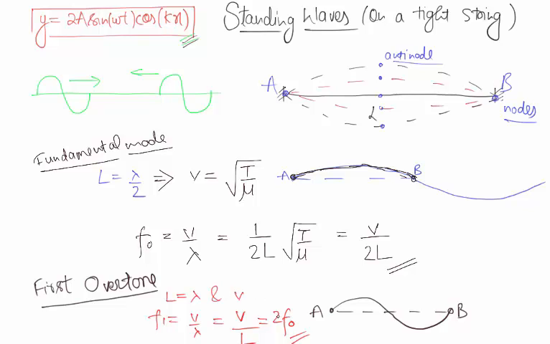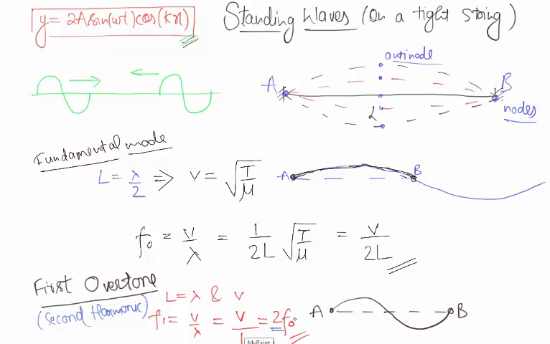If a frequency is n times the fundamental frequency, it is called the nth harmonic, which means the first overtone is also the second harmonic.